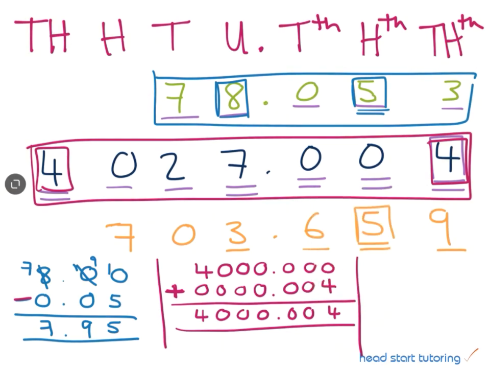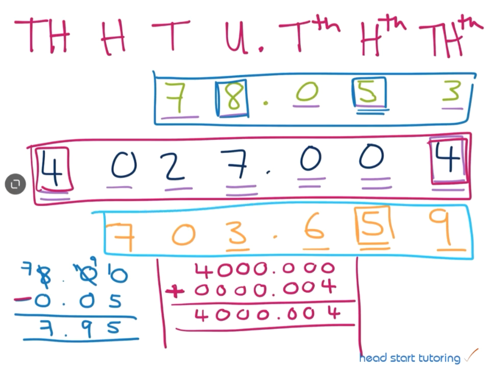Right, let's have a look here at this number. If I'm asked to find the product of the value of the 3 in this number and the value of the 9 in this number, I've got 3 units, which is just 3.